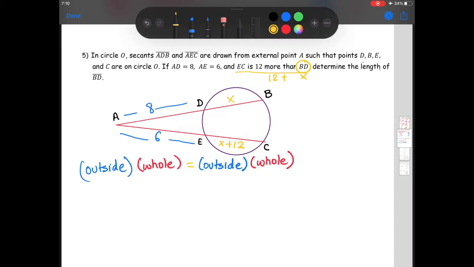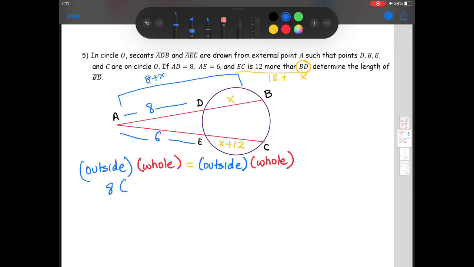Now what is the rule when it is with the secant? It's outside times whole. So when I say outside, I'm talking about AD. So let's substitute in. Outside is 8, 8 times whole. What's my whole? My whole is 8 plus x, right?